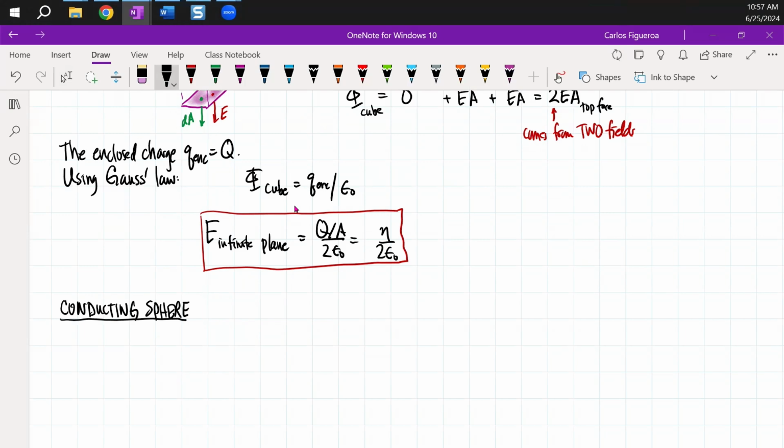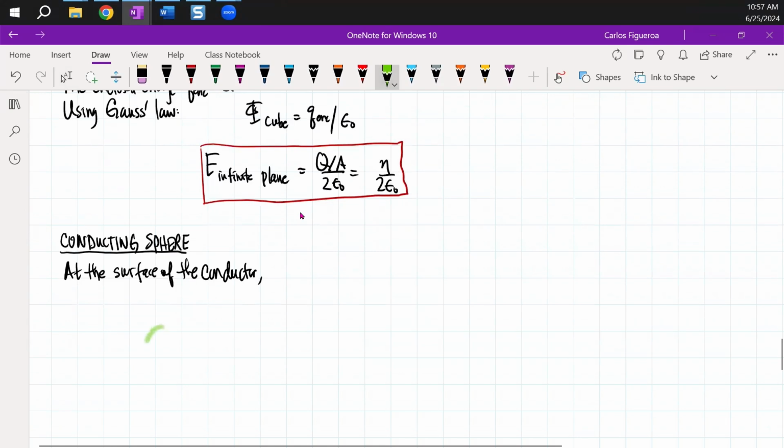So at the surface of the conductor, we then have that if we have a charged conductor, and so if this is the case, then I'm going to have a charge that originally was the same charge on the surface that we included in that.